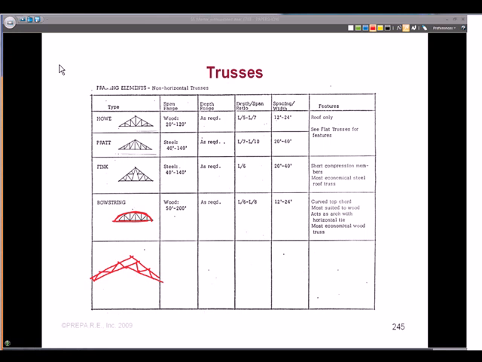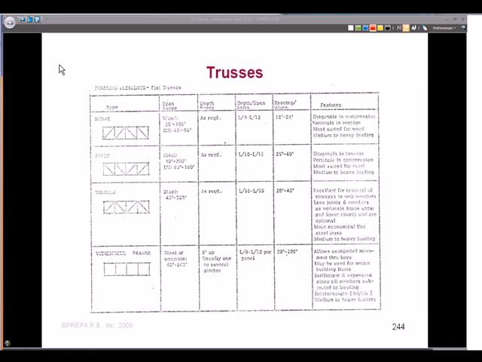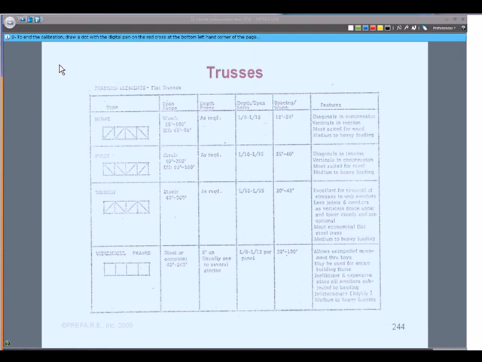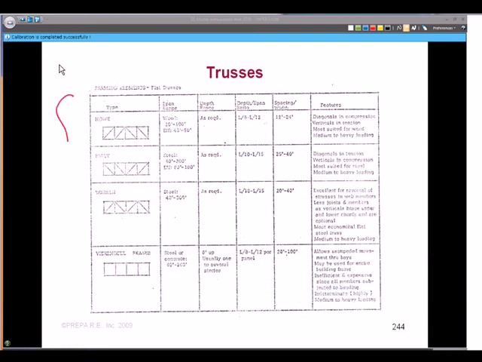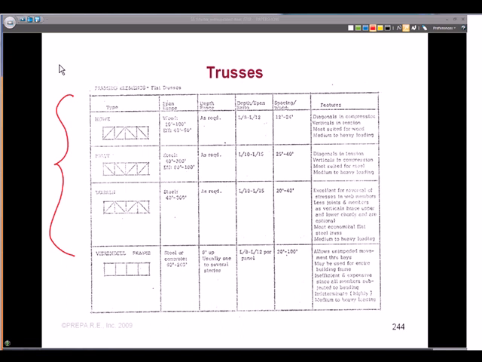Okay, but the ones that we want to focus on are these names of different parallel chord truss members. And we'll start with the Howe truss, the Pratt truss, and the Warren truss. Okay, being able to identify the differences between these, when they're used, and what their benefits and disadvantages are.